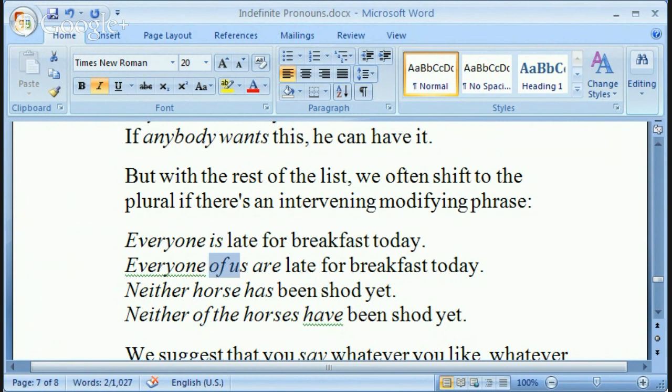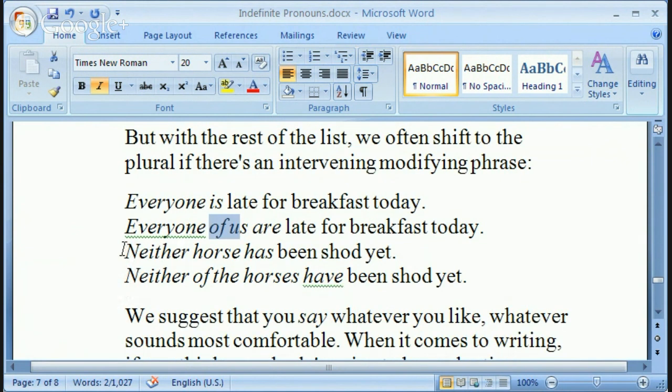This is kind of like what we looked at earlier with Alejandro, a lot of us. Same thing. Neither horse has been shod yet. Shod, by the way, means has shoes put on it. Neither of the horses have been shod yet. Has and have again because of the modifying phrase of the horses.